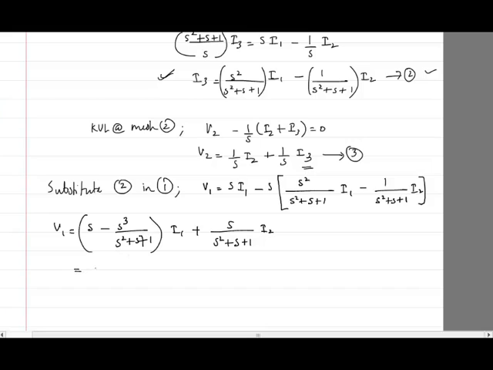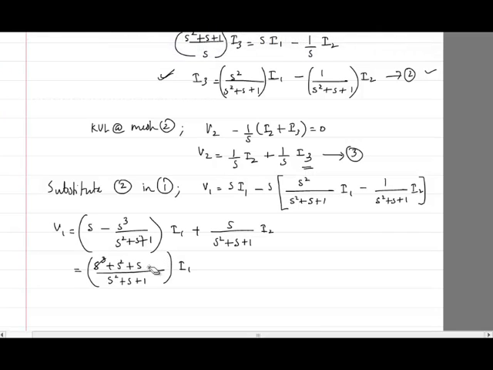Here for finding out I1 I can do the cross multiplication, which comes out to be S cube plus S square plus S minus S cube, minus S cube divided by S square plus S plus 1 I1, where this S cube and this S cube can cancel off, so I will cancel them off.